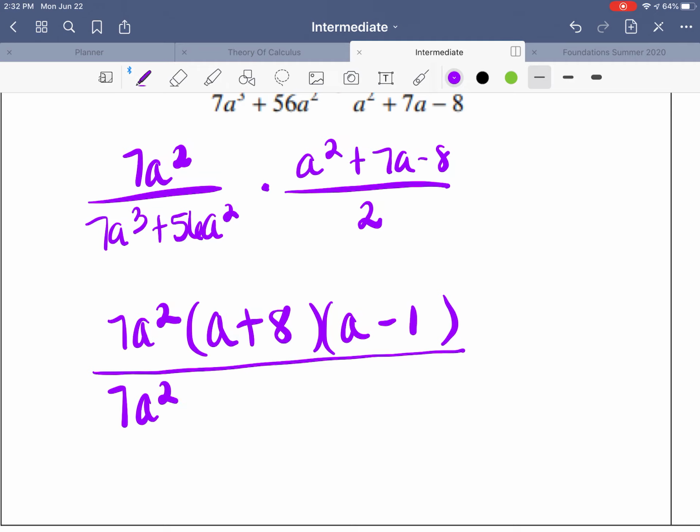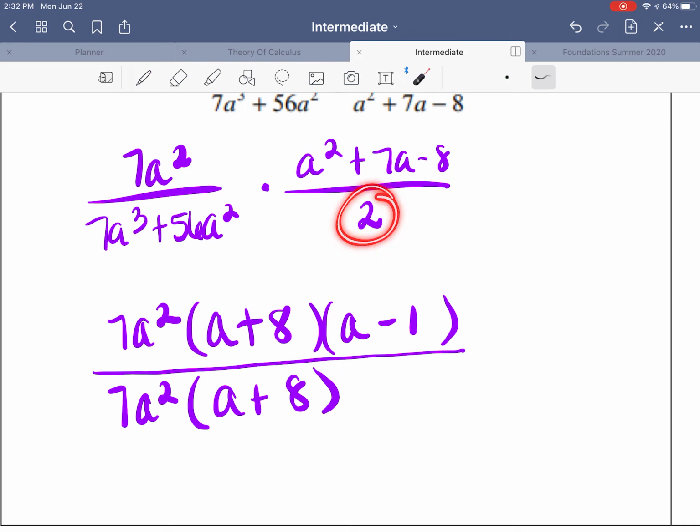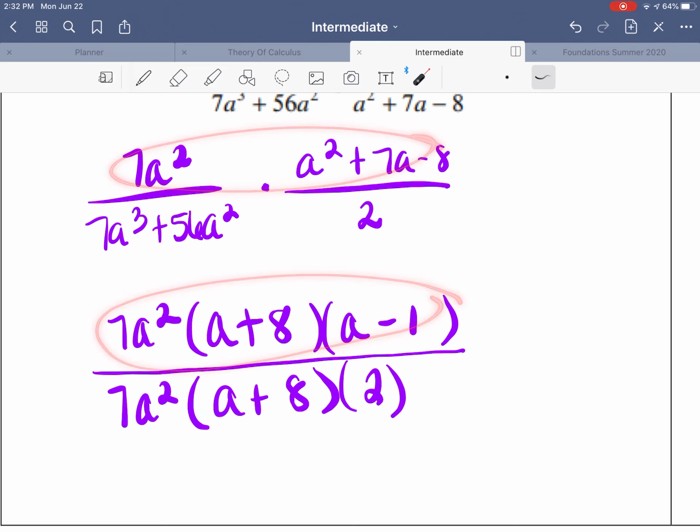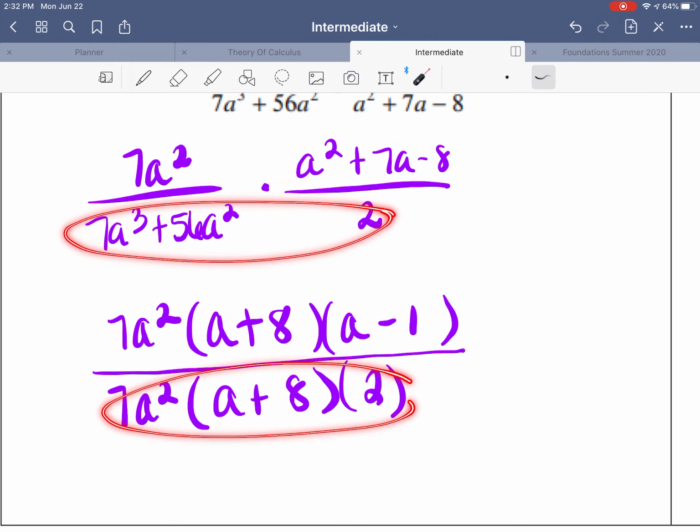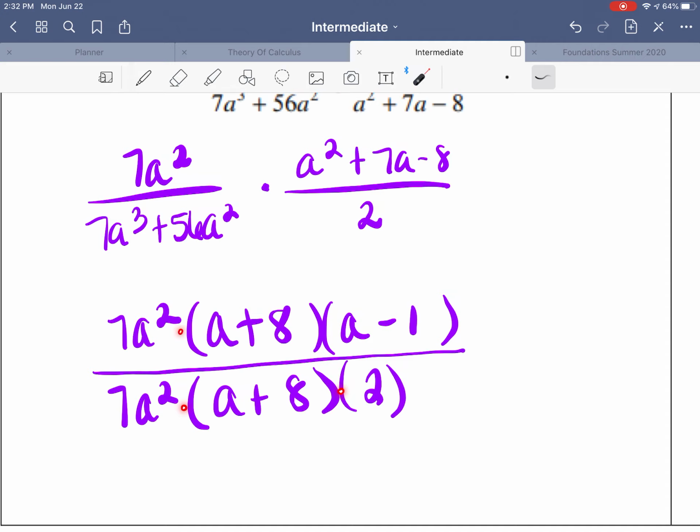They share a 7 and an a squared. And I'm left with a plus 8. And then don't forget this little 2 right here. Now everything is on the same line. Everything is factored. Everything is being multiplied.